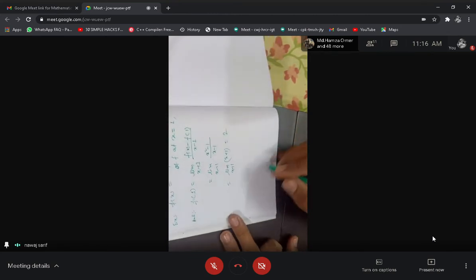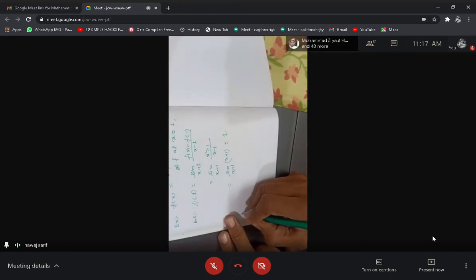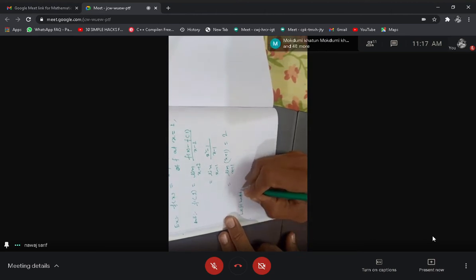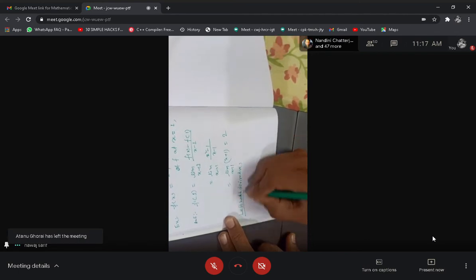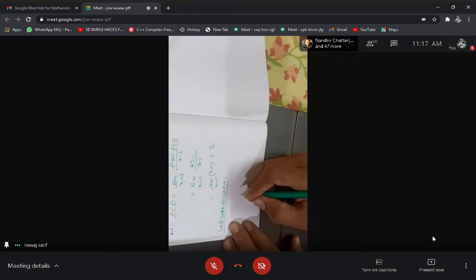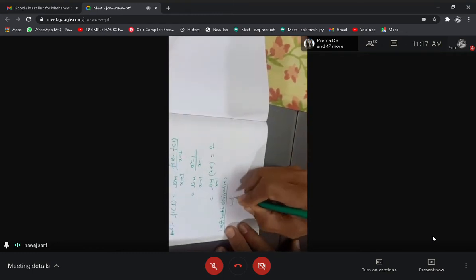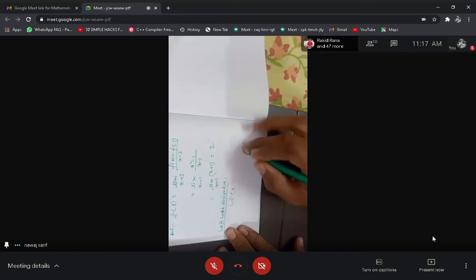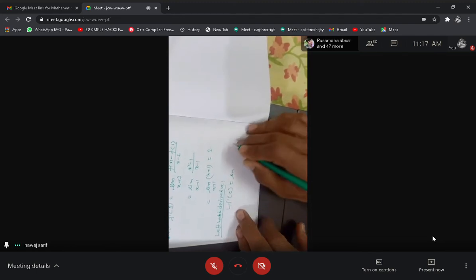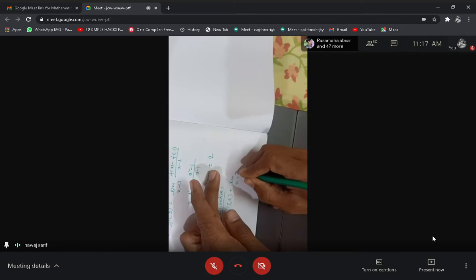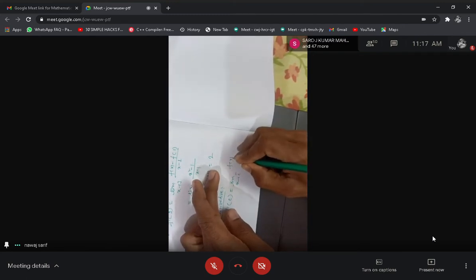Okay, so left hand derivative can be written as L f dash c equals to limit x tending to c minus of f x minus f of c upon x minus c.